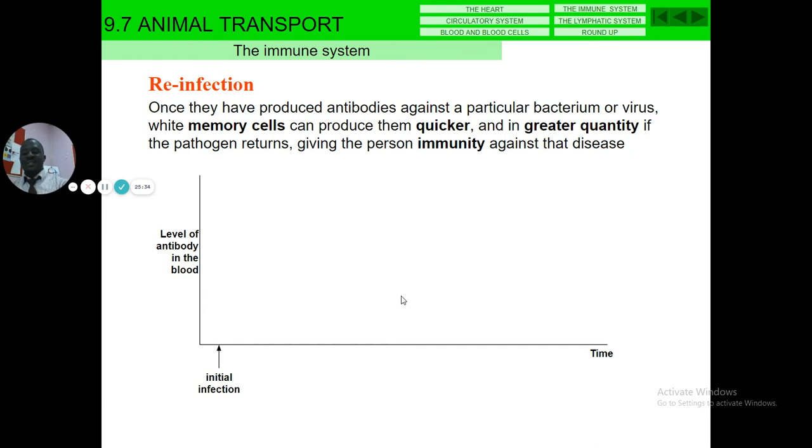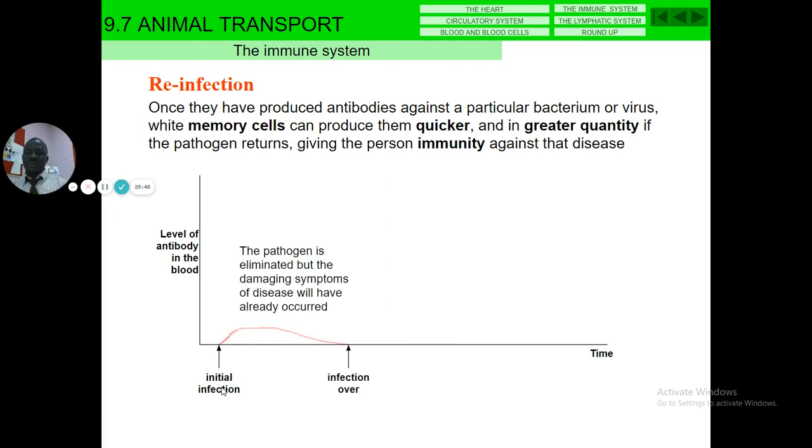The very first time I get the immune response, when I get the infection for the first time, the level of antibody production will be very low, as you can see. Why? The pathogen is eventually eliminated, but the damaging symptoms of disease will have already occurred.